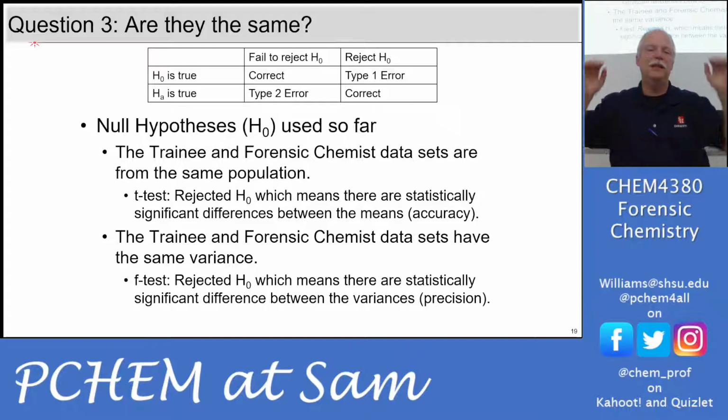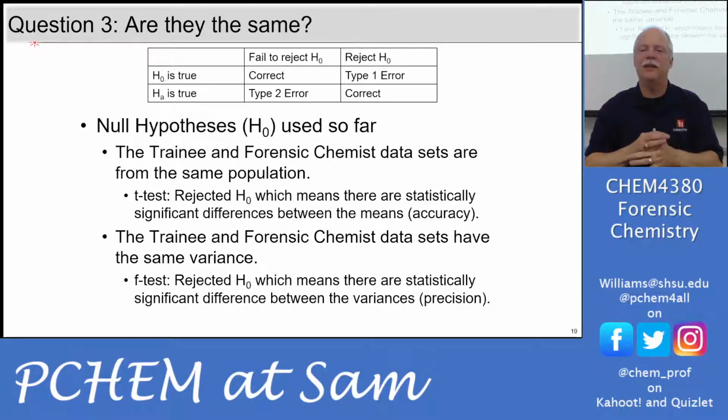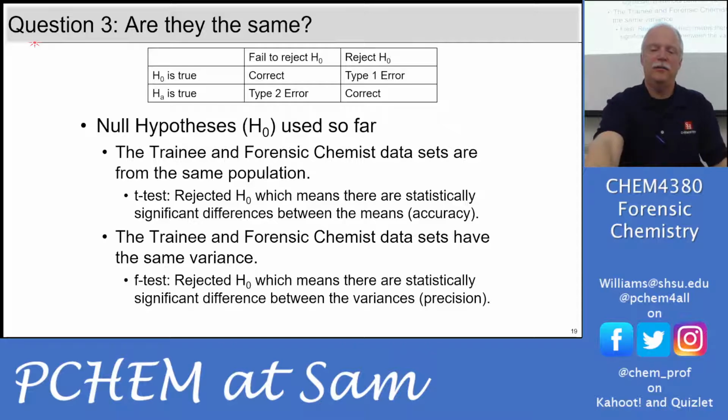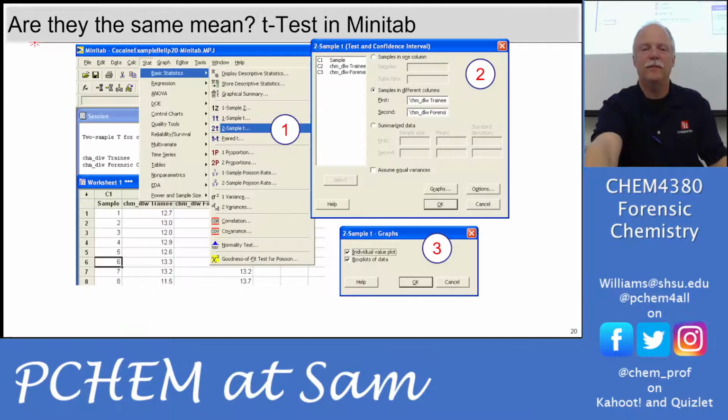And so we rejected this null hypothesis, which means there's statistically significant differences between their final answers, their means. So their accuracy is different. And then the null hypothesis that the training and forensic chemist data sets have the same variance: we rejected that as well, which means there's a statistically significant difference in their precision.